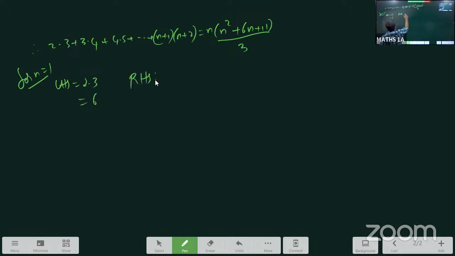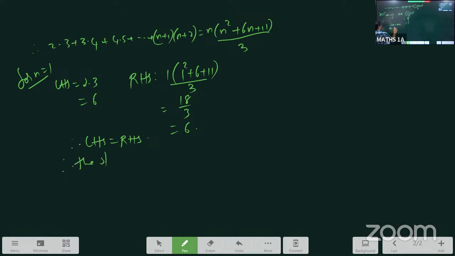RHS: 1 into 1 square plus 6 plus 11 by 3. That is 1 plus 6 is 7, plus 11 is 18, by 3 is 6. So therefore LHS equals RHS. Therefore, the statement P of n is true for n equal to 1.